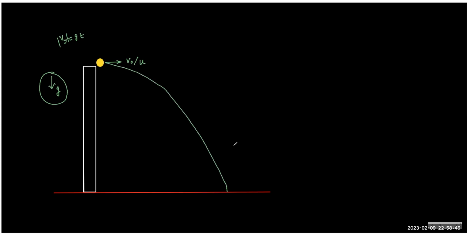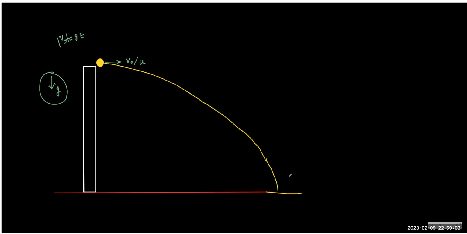And any constant acceleration will have a similar feature. And it is also not required that we hit the ground.